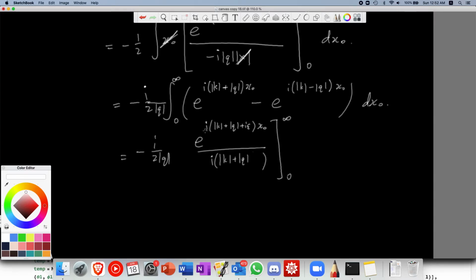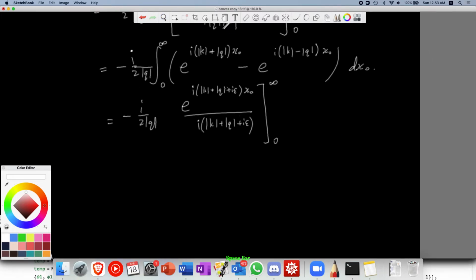So you see the i over here and the i over here, you multiply and it becomes minus, so you have e to the power of minus epsilon x naught, and when you evaluate this at x naught equals infinity, you get 0. So that's the trick we're doing over here. But if you introduce it here, you have introduced it before the integral, so you need to introduce it in the denominator. And so evaluating this between infinity and 0.